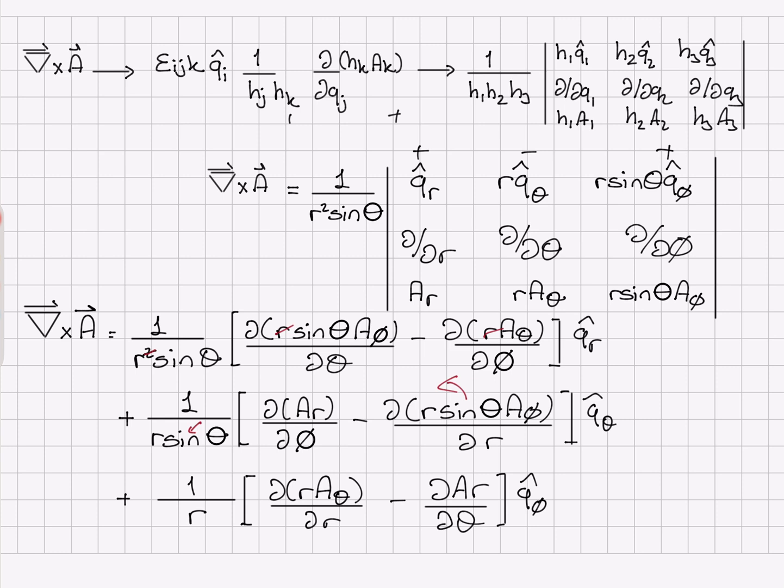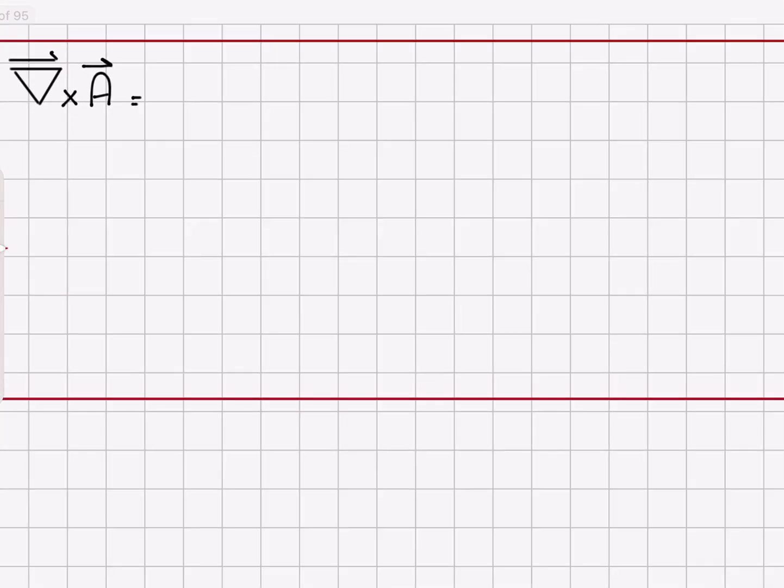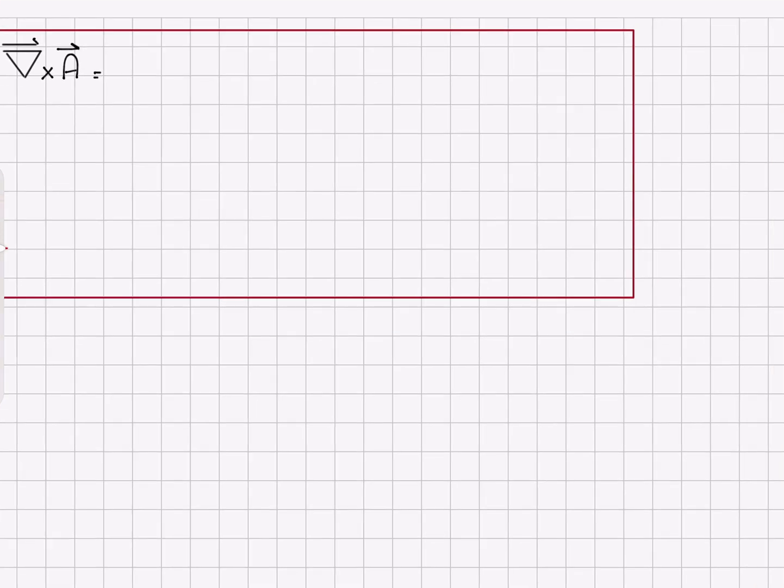Now we can write the final answer. 1 over r sine theta, del sine theta A_phi del theta minus del A_theta del phi, in the q_r hat direction. 1 over r, then we will have 1 over sine theta here, del A_r del phi minus del r A_phi del r, and then this term remains the same. So let's write the final simplified answer here.